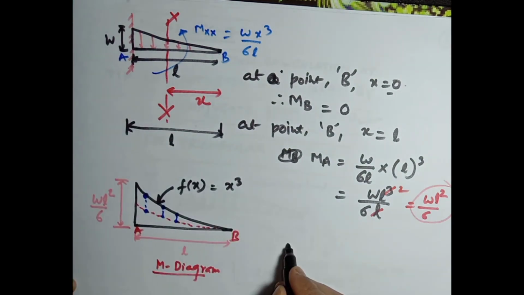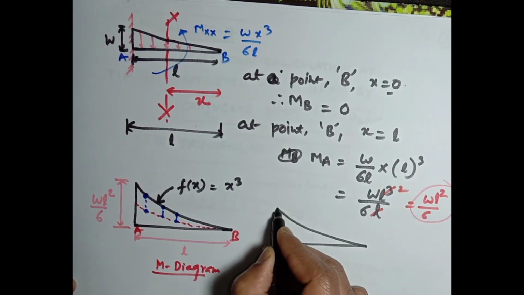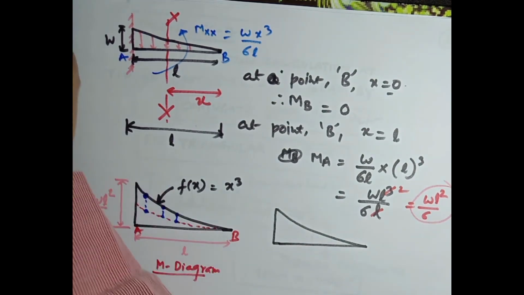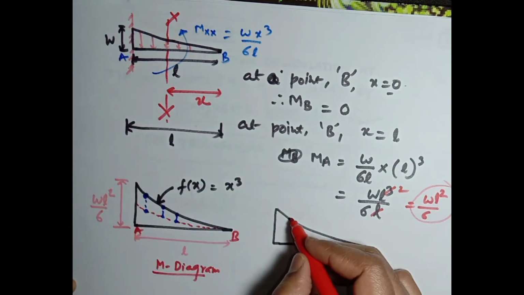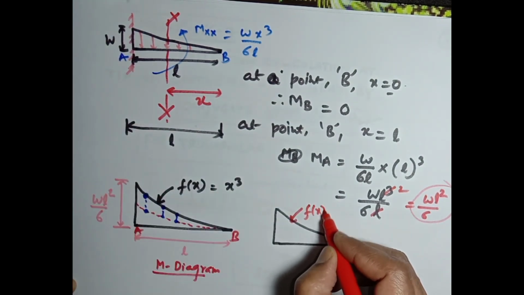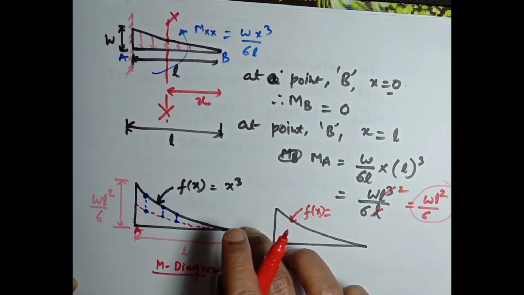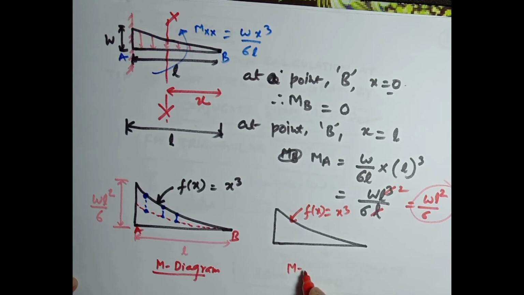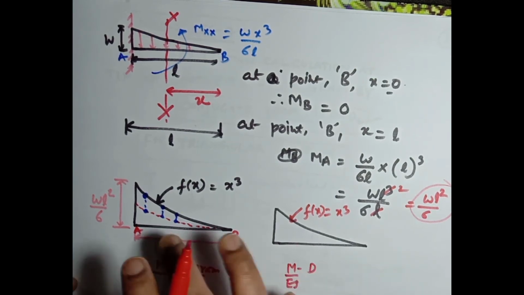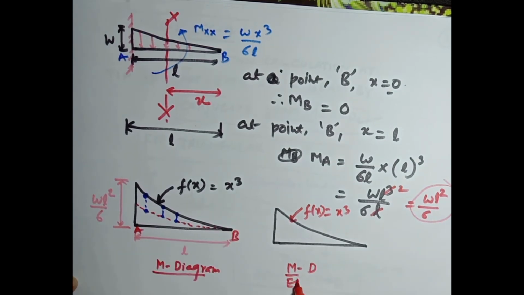So the M diagram will be something like this, and this is also a function of x to the power 3. This is also a function of x to the power 3 because we are developing it from the M diagram. This is the M over EI diagram, because every y coordinate of this M diagram has been divided by the constant value of EI.